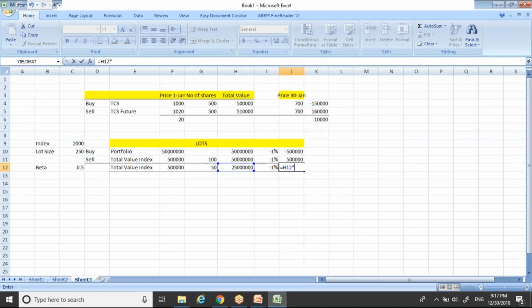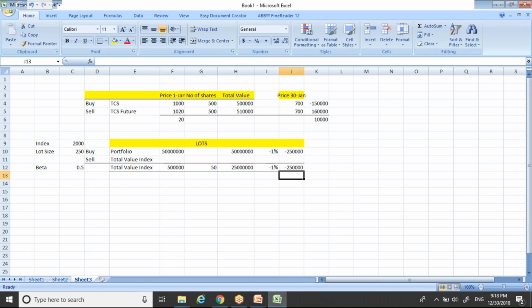So I'll have a loss of around this much. So this is the lot. The lot is this divided by this, multiplied by the hedge ratio, the beta. If the index moves 1%, we know that the beta is low, so the portfolio will move less. So this is multiplied by half.